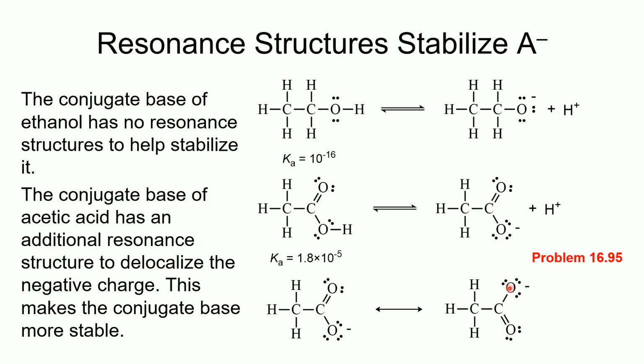What that does is, well, if you recall, when you have resonance structures, the true structure is an average of the resonance structures. Since one has the negative on one of the oxygens and the other one has the negative on the other oxygen, when you average it out, you're spreading out that negative charge over more atoms. The more you can do that, the more stable that conjugate base is going to be, and therefore the stronger the acid will be.